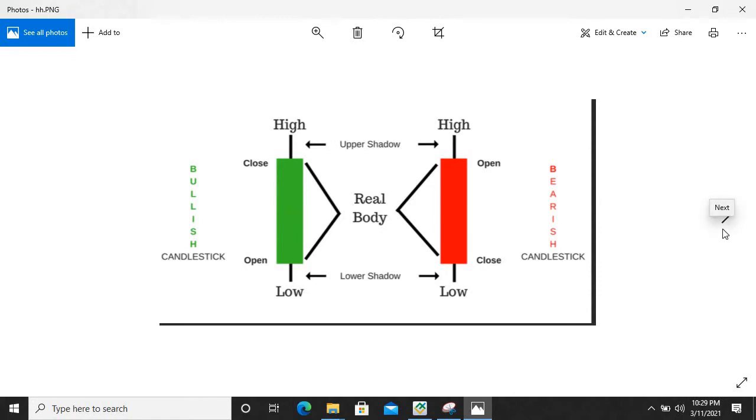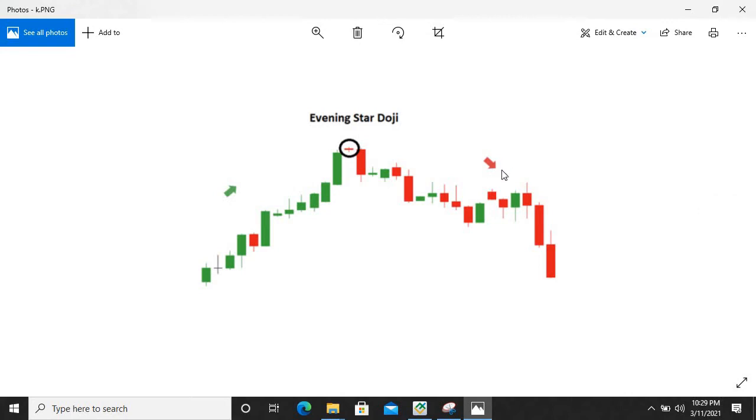So let us continue. Let us start from this evening star doji. When you see three candlesticks on an uptrend, it shows that the sellers are going to take the price down.